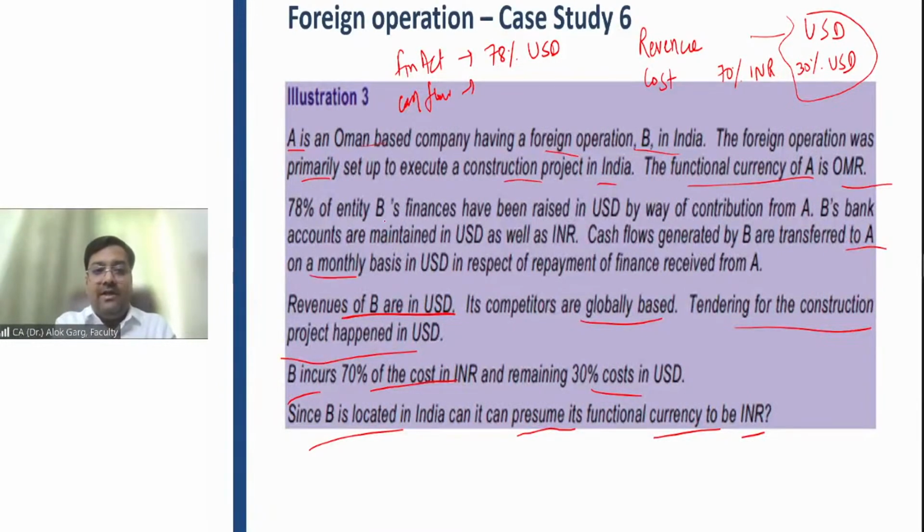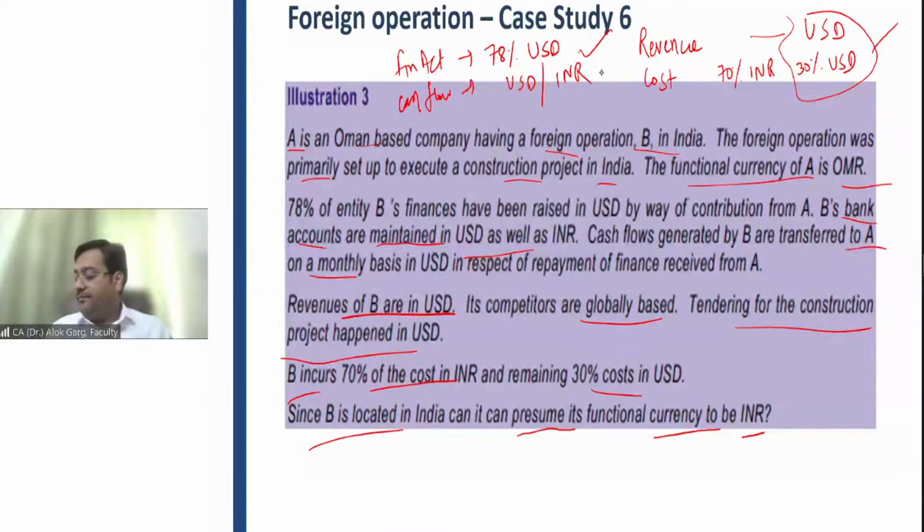On a monthly basis, these bank accounts are maintained in USD as well as INR. You can see that going by the primary indicator and going by the secondary indicator, US dollar will be the functional currency.